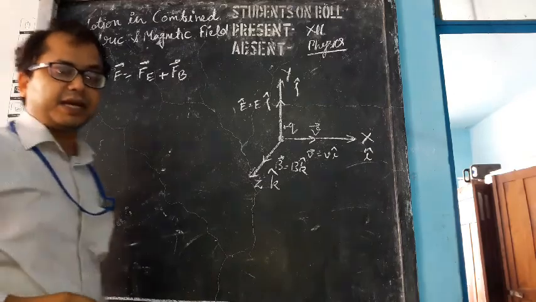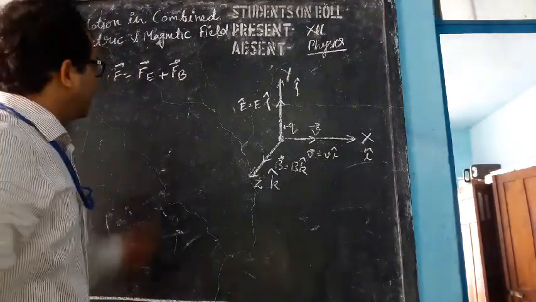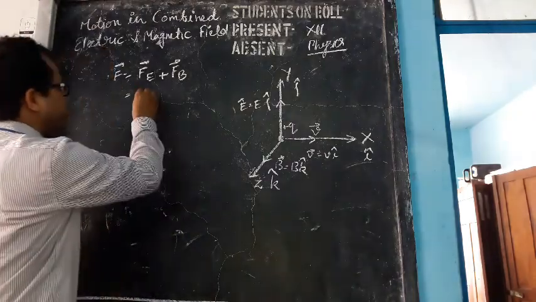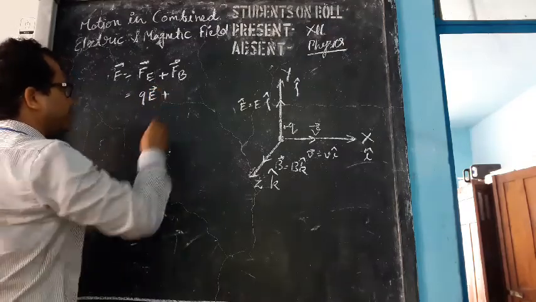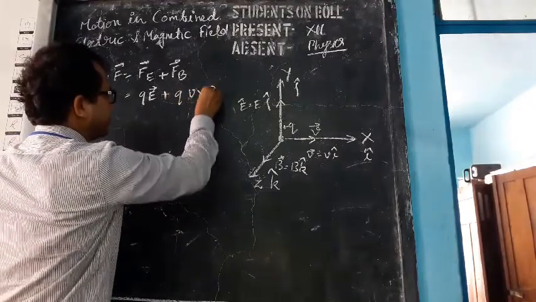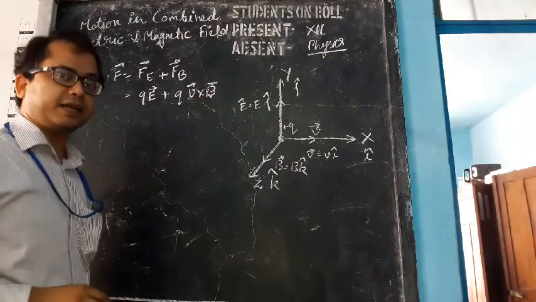We have to always remember that it is in vector form. The electric force acting on the charged particle is given by q times the electric field, plus the magnetic force is given by q times v cross B, where v is the velocity of the charged particle and B is the magnetic field.